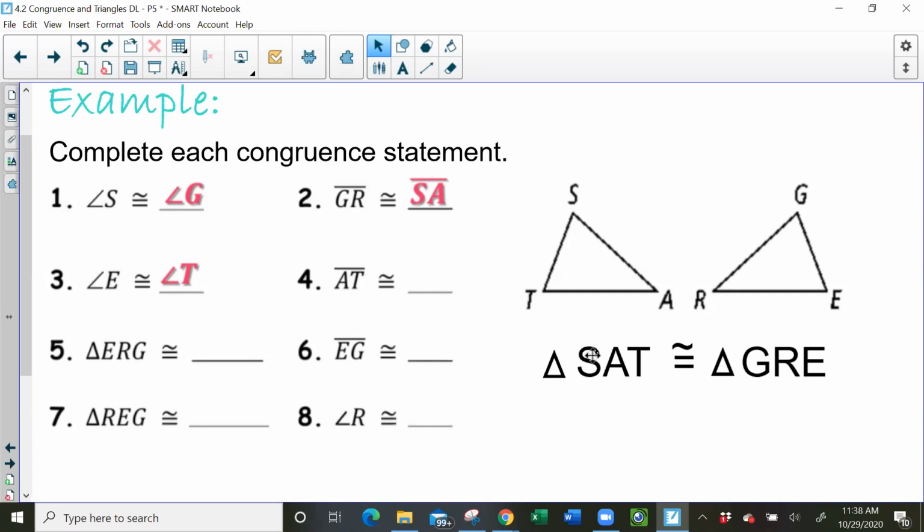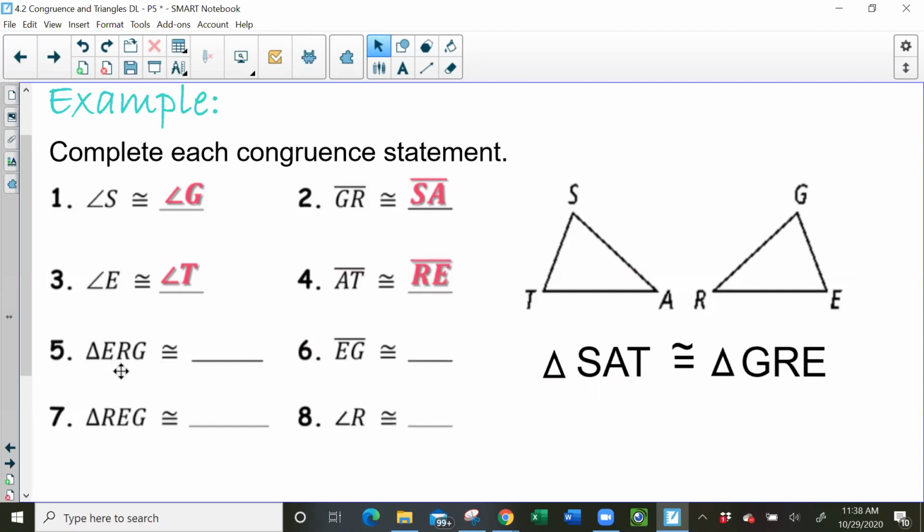Angle S is the first letter listed, so it corresponds to angle G. GR are the first two letters of this second triangle. We need to do SA in that same order. Angle E is the last letter here, so we would line that up with angle T. What about AT? Very good, RE.